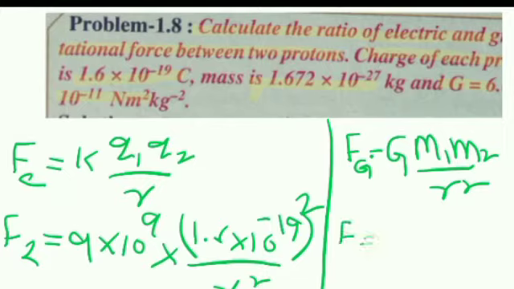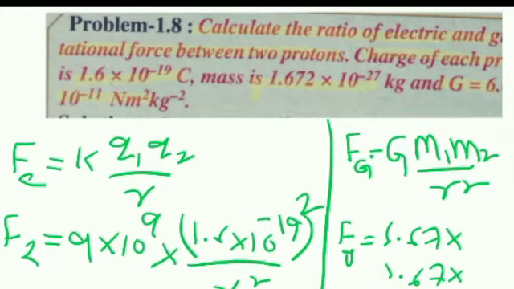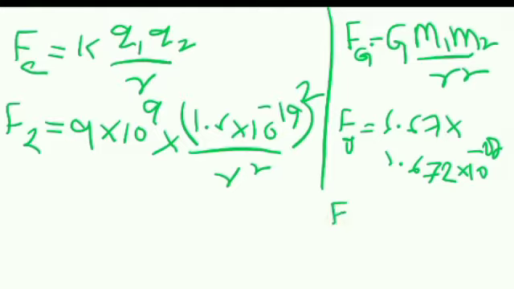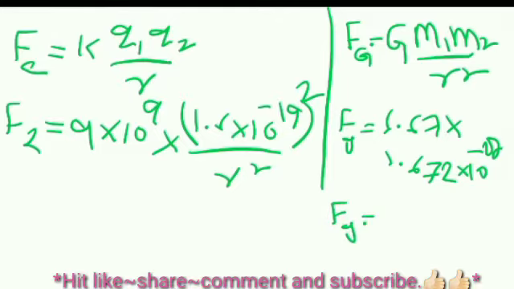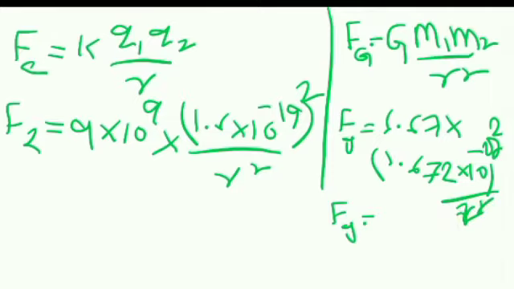Here capital G is given as 6.67 into 10 to the power of minus 11, and m is also given as 1.672 into 10 to the power of minus 27, whole square by R square.